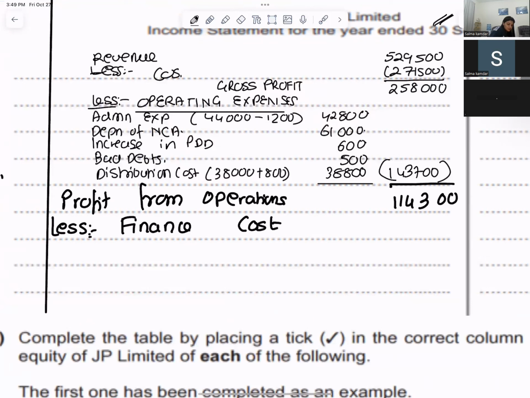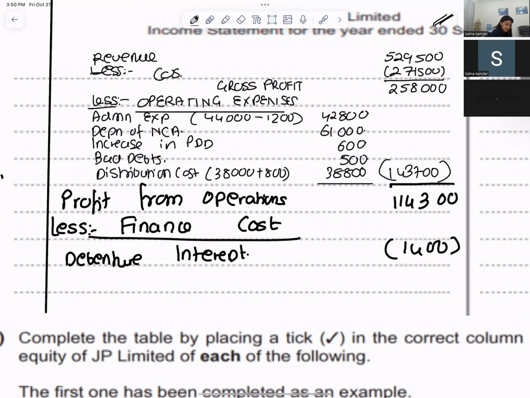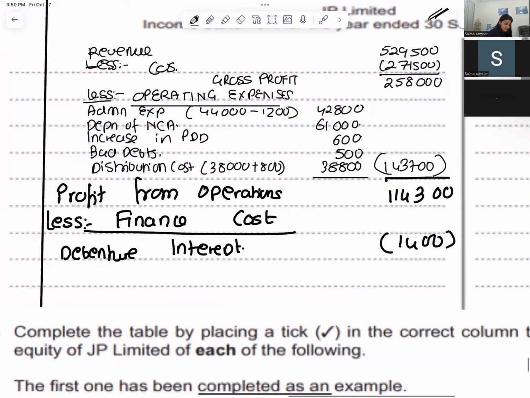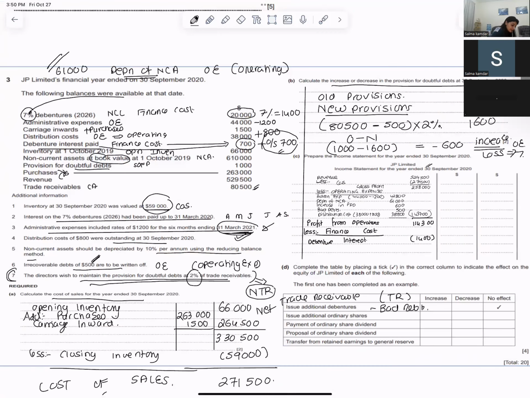What is your finance cost? Debentures and preference dividends, but they didn't give any preference dividend. Your debenture interest was 1,400 as far as I remember, 20,000.